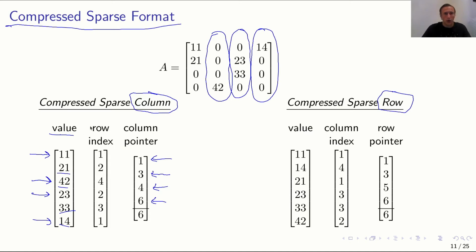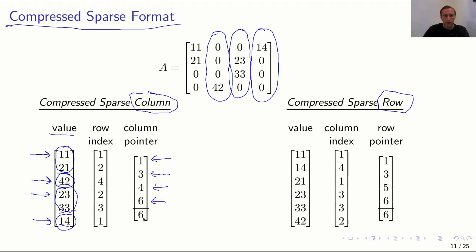This value array is one object in memory, but we use this column pointer to indicate where in this array each column starts, noting that the column values are located together. These non-zero values all correspond to the first column, these to the second column, these to the third column, and these to the fourth. So all we need to do is indicate where each column starts within the value array. And that's what these pointers are for.